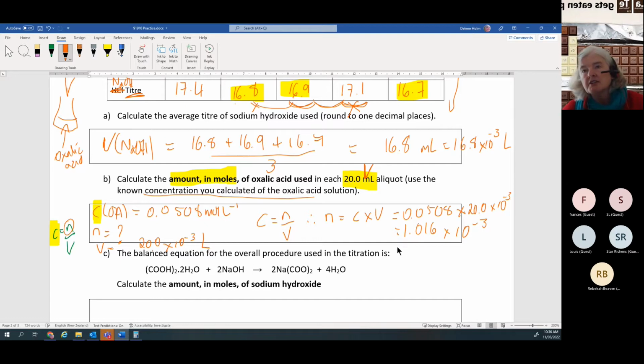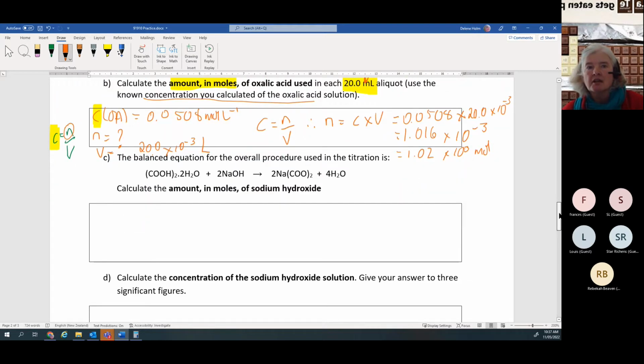You could have rounded this off to 1.02 times 10 to the minus 3 mole. You weren't told to state exactly, there was nothing here saying give your answer to 3 significant figures, because this is like a partial step to the final thing that we are trying to calculate. Can you see over here? Give your answer to 3 significant figures. This is where you definitely use 3 significant figures.